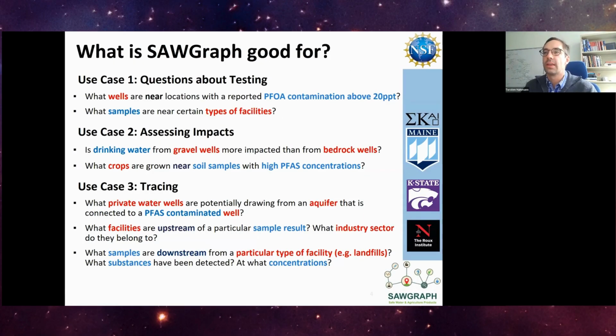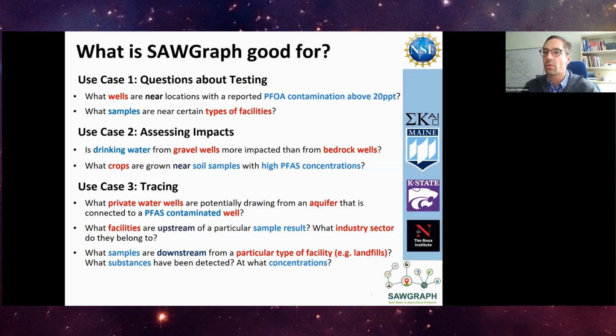So what kind of use cases does SAWGraph support? We have organized the types of questions that we identified as relevant to stakeholders from government agencies into 3 use cases. The first one is about analyzing the existing test results, like sample results, like finding what wells are near certain locations where we've seen or detected PFAS contamination or contamination by specific types of PFAS.